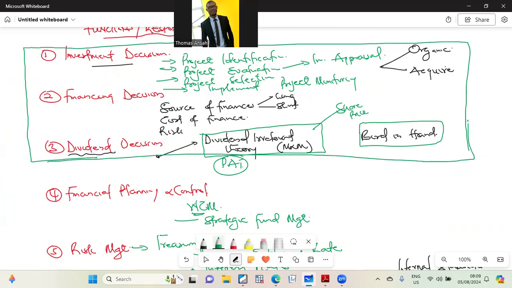These are the three major decisions, bear in mind, major decisions. Now they say which one should come first? Is it the investment decision, the financing decision, or the dividend decision? Which one should come first?